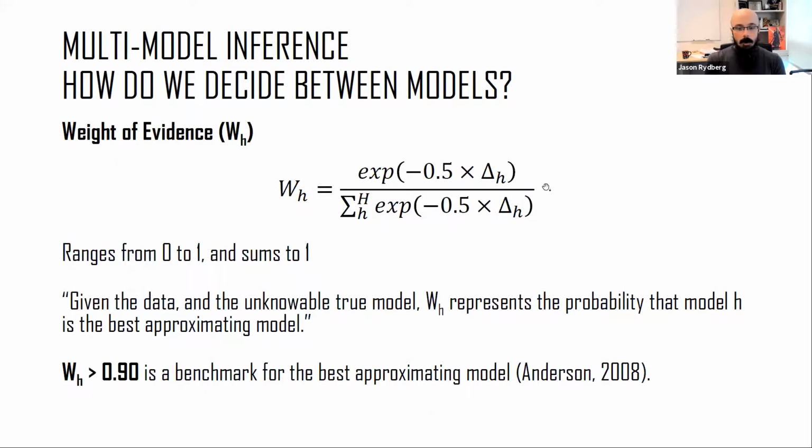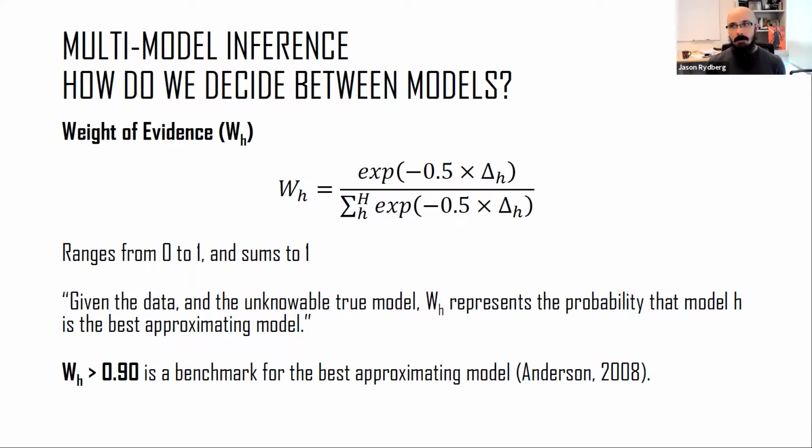So another way that we could encapsulate this information with this type of model comparison is with a statistic that's called the weight of the evidence. So this is something that's covered in the long chapter for the reading here. This is a value that will range from 0 to 1. It will sum up to 1 for all the models, essentially saying, given the data and an unknowable true model that we hopefully have estimated here, what's the probability that a particular model is the best model to approximate the true model?